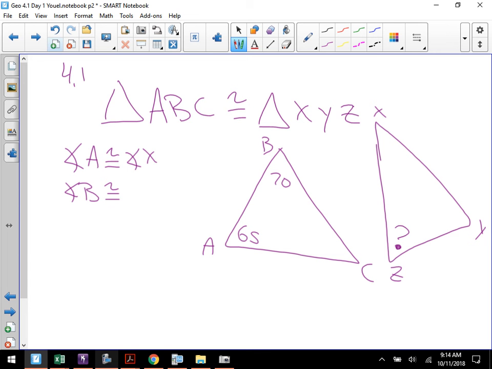But then you have to understand how the correspondence works. As long as you understand the lettering, I know you can do the algebra. The algebra you've done is really simple. I'm not worried about that. But what does B have to match up to? Y.